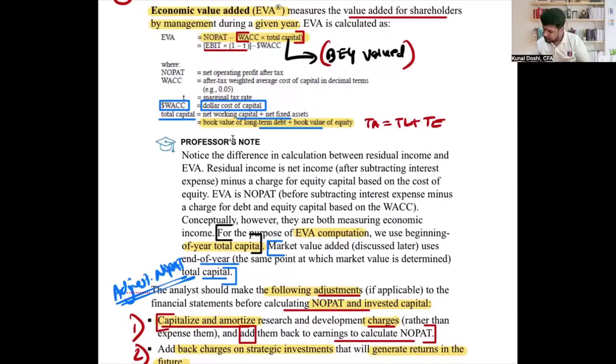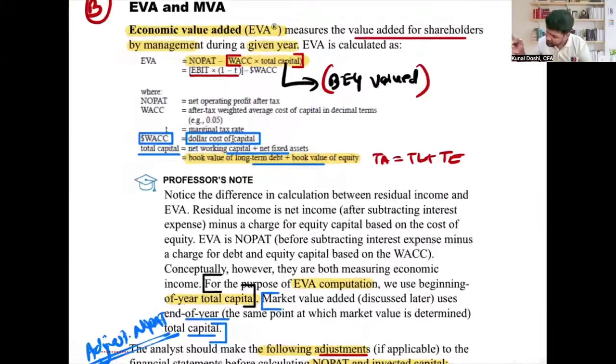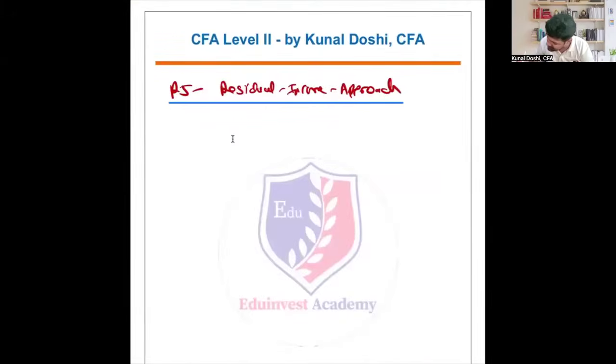So we will write down the formula first for EVA, then for market value added. So EVA is the value added over and above what is required by the company. Remember, the company needs to earn the weighted average cost of capital on the total invested capital.